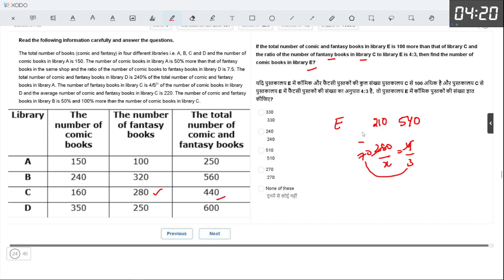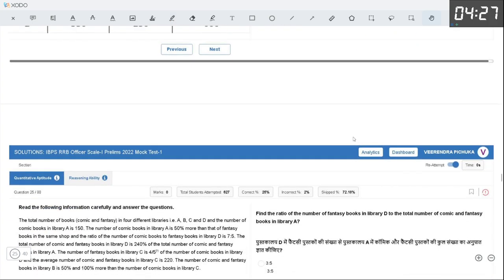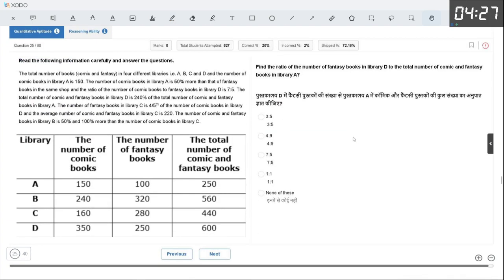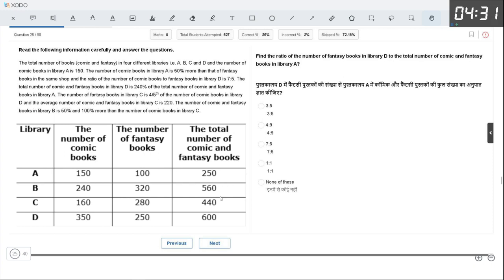Find the number of comics books. Comics will become 30. Yeah, done. Find the ratio of fantasy books of library D. Fantasy books of library D is 250. The total number of comics books is 250. 250 by 250 is 1:1.